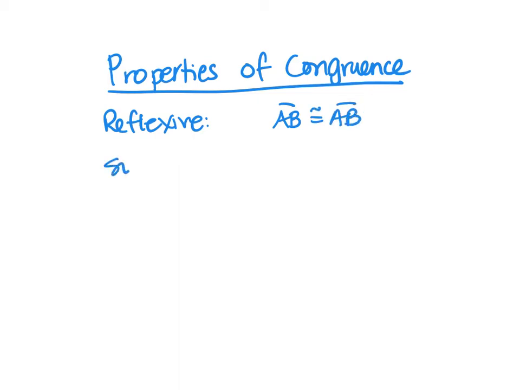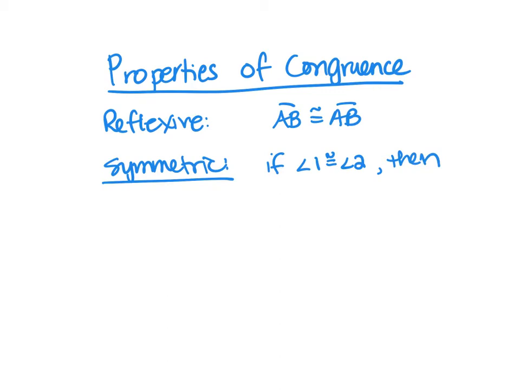How about symmetric? That would be, for example, if angle 1 is congruent to angle 2, then, remember this is the one where I talked about my sister. If Marissa is my sister, then I am her sister. So then angle 2 is congruent to angle 1.